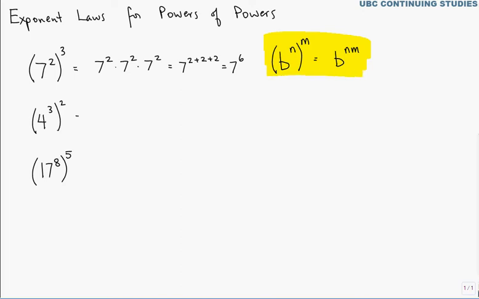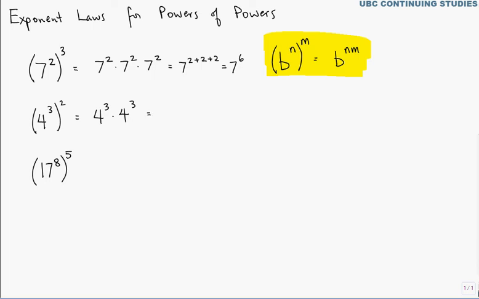In the next one, notice we have 4 cubed to the power of 2. So all you're doing is focusing on the two exponents, the 3 and the 2. If you wanted, you could go straight to writing this as 4 to the power of 6 using the law, but let's just test it one more time. 4 cubed squared means we take 4 cubed, write it twice, and multiply it.